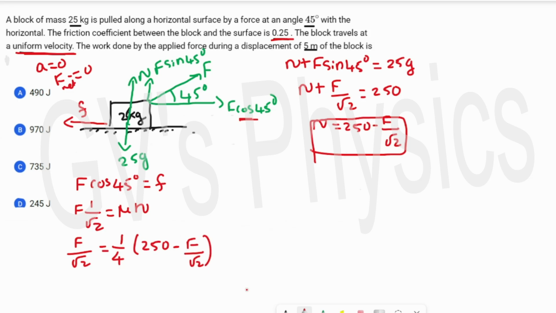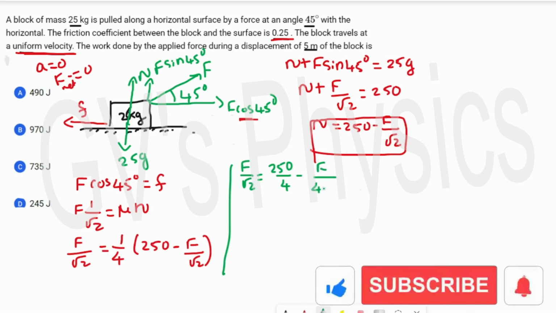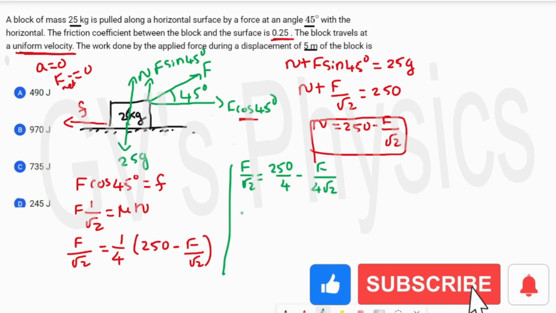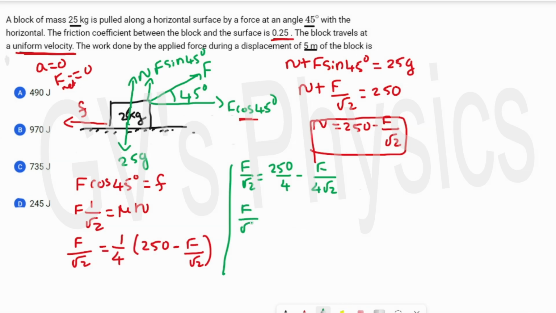Okay, so now we will do the calculation. F by root 2 is equal to 250 by 4 minus F by 4 root 2. We can take this to the opposite side. So F by root 2 becomes common, balance 1 minus 1 by 4, opposite side plus 1 by 4, that is equal to 250 by 4.